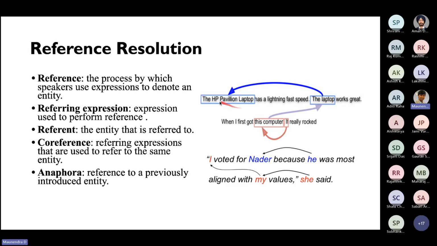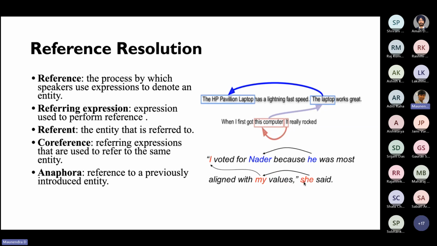Another task could be where you are only given the entire sentence or passage, and you have not been given any pairs, but your task is to identify all the co-references. In this case, there will be one co-reference chain, which will have these four phrases: it, this computer, the laptop, the HP Pavilion laptop. In the case of the second one, there will be two different co-reference chains.